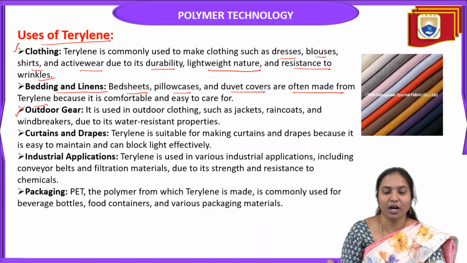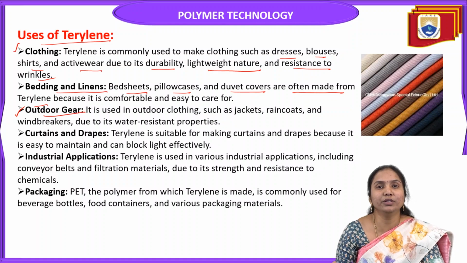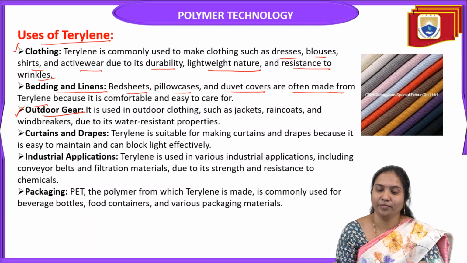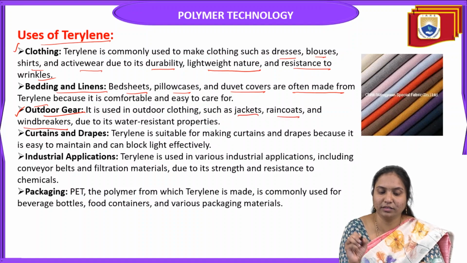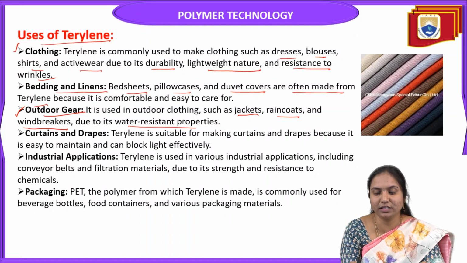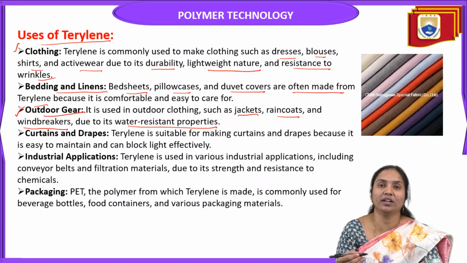And the third one is outdoor gear. It is used in outdoor clothing such as jackets, raincoats and windbreakers due to its water resistance properties. Already we know that Terylene has high water resistance.